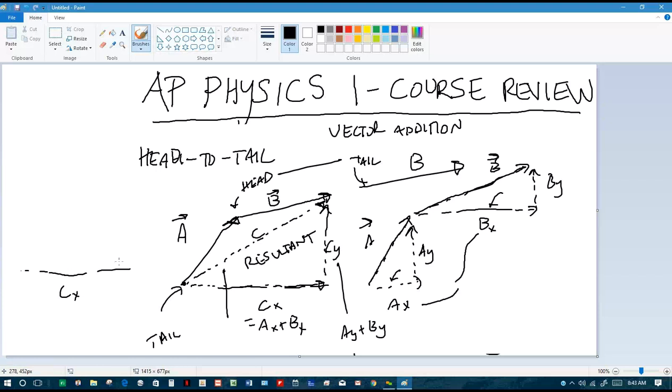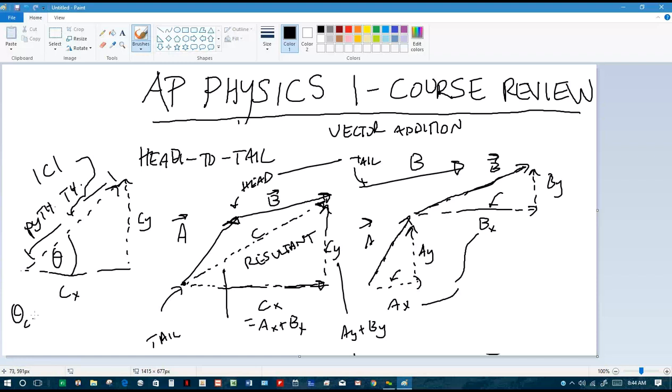If you can go through that process I just showed, work out what Cx is, and work out what Cy is, then you would use the Pythagorean theorem to work out the physical magnitude of the resultant. And if you needed to figure out the angle, the direction of vector C, it would be the inverse tan of Cy over Cx, because Cy is opposite to that angle. All right, that's a very brief view of vector addition.